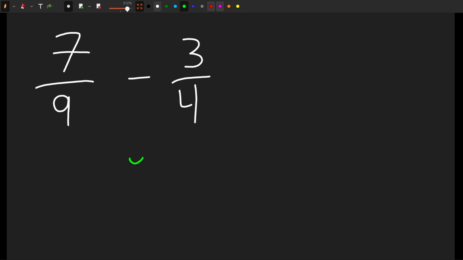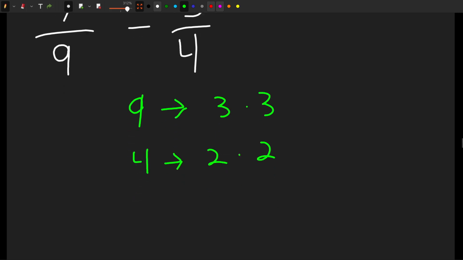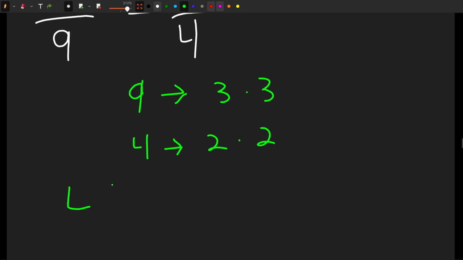We have 9 is 3 times 3. 4 is 2 times 2. And so since they have nothing in common, it's the multiplication of all of their factors, which is 2 times 2 times 3 times 3, which gets it to be 36.